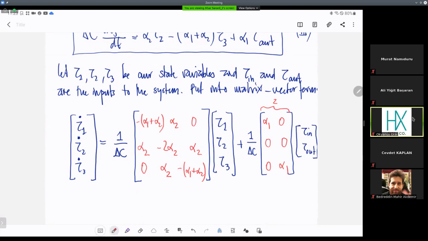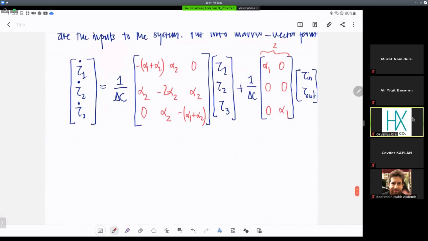Okay. Now let me also give you a note here, because from your exam papers I see that this is a point of confusion. If you had a nonlinear system, you cannot put it into this kind of vector matrix form.